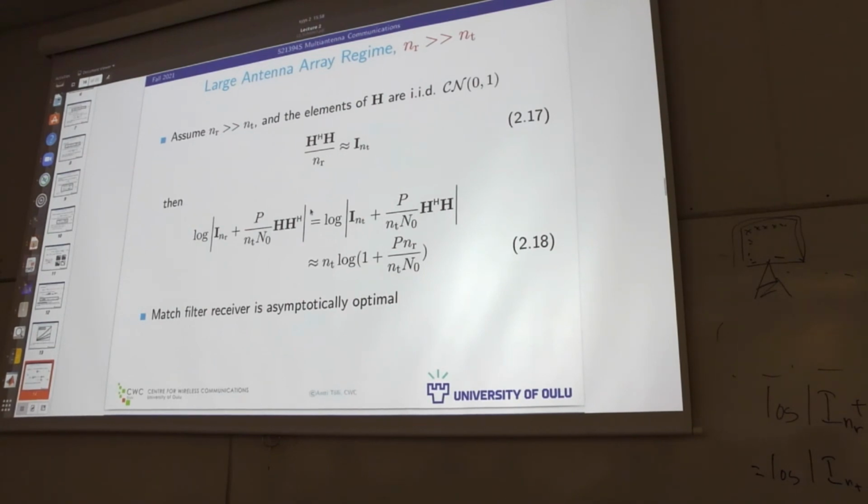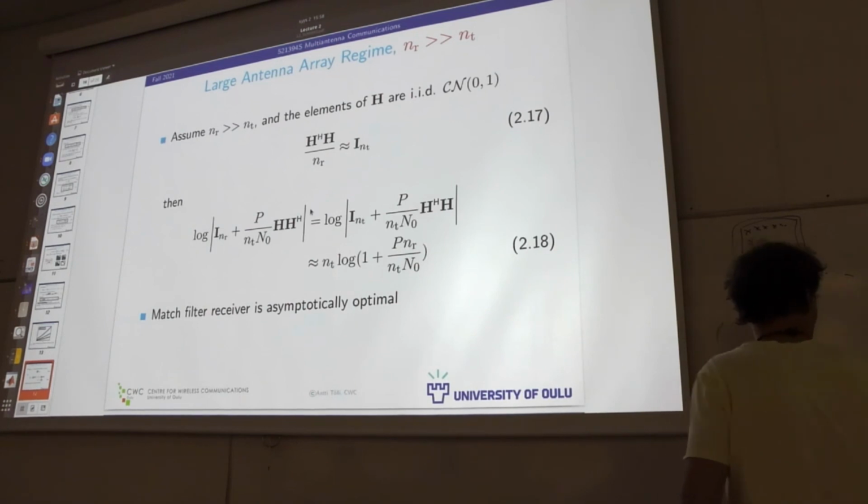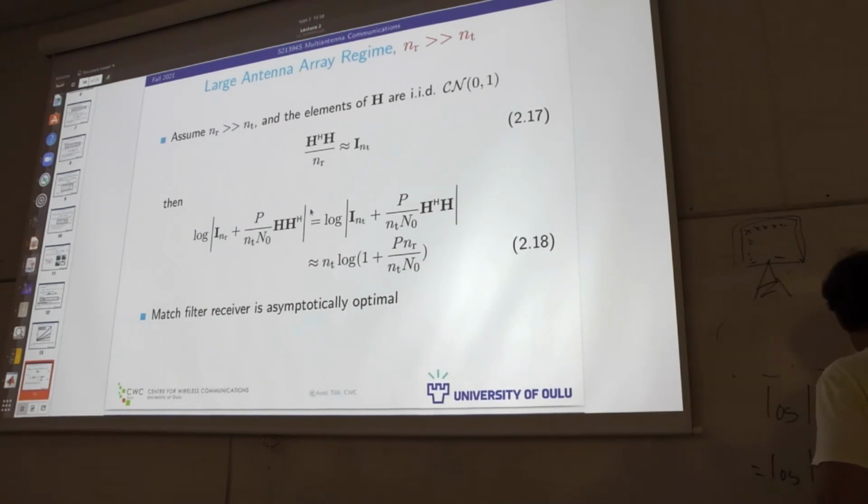Okay, just a trick. So we can add here N_R and N_R, right? So they cancel each other. Now this becomes normalized by N_R, that is the N_R term, and that's the beamforming gain. All right.